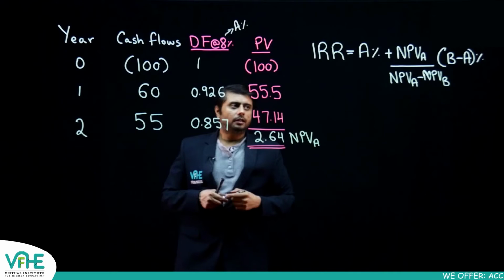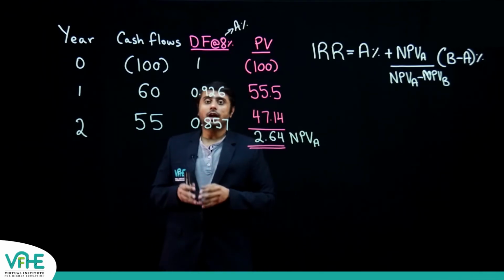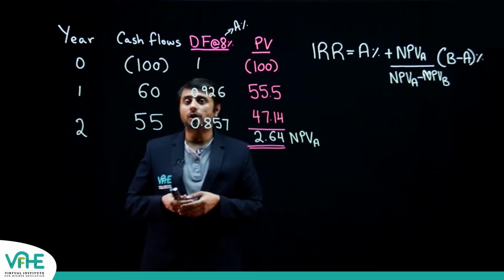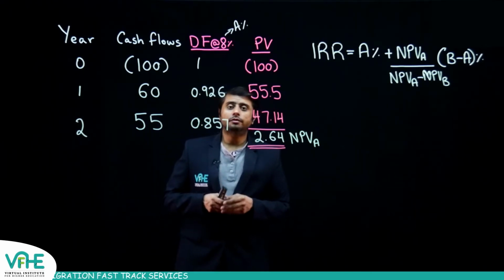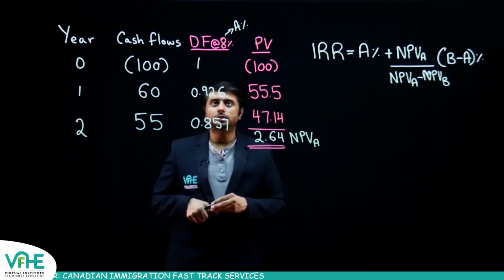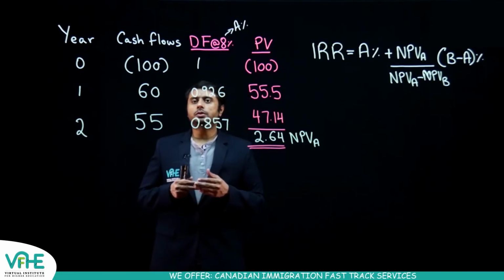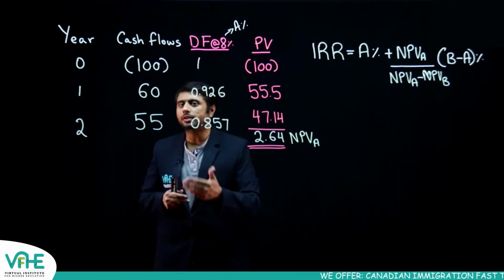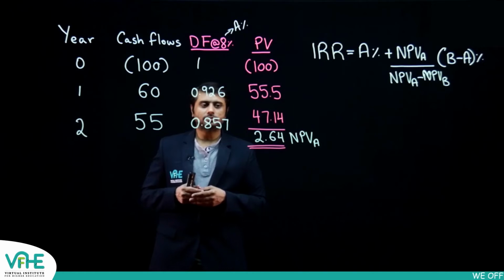I assume that you have used these techniques before and therefore I am skipping some basics such as calculations of the discount factors. Now, we know a property of net present value: if we use a discount rate greater than 8%, the net present value will decrease.